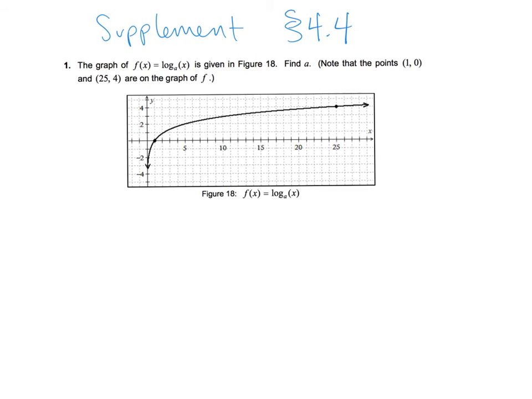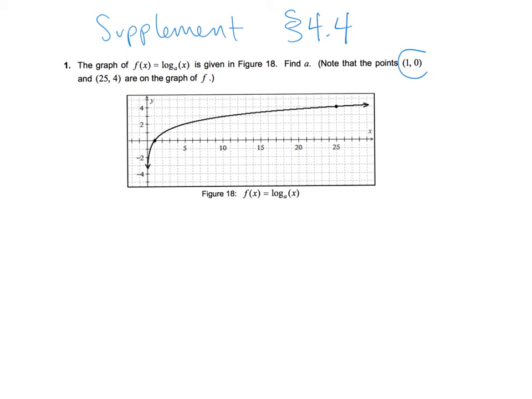Okay, friends, here is the supplement section 4.4. The question states, the graph of f of x equals log base a of x is given here in figure 18. Find a. And then it says, note that the points 1, 0 and 25, 4 are on the graph of f.